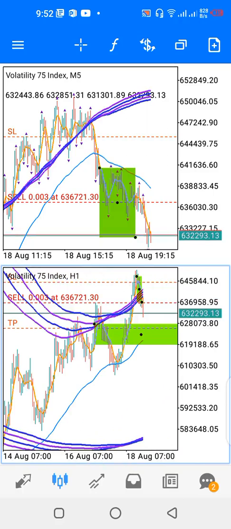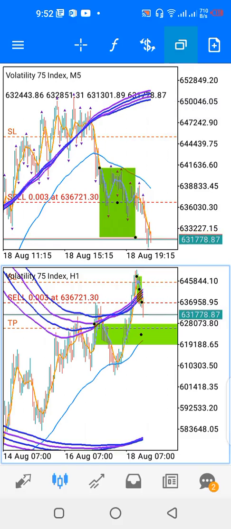Now you can divide your MT5 screen for Volatility 75 Index by coming to the upper part of your MetaTrader charts. The first part, you have the crosshair, the indicators, the symbol, then you have the window.